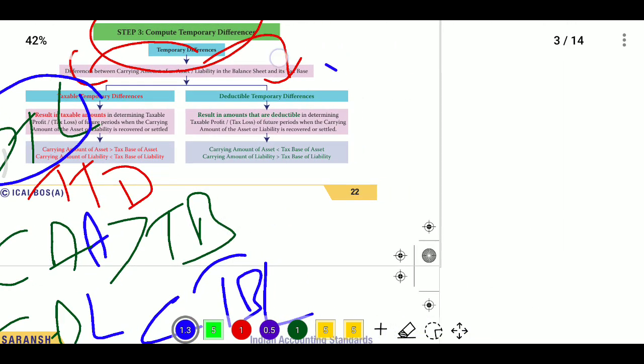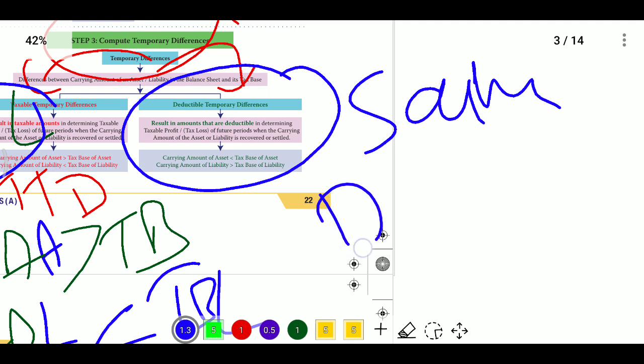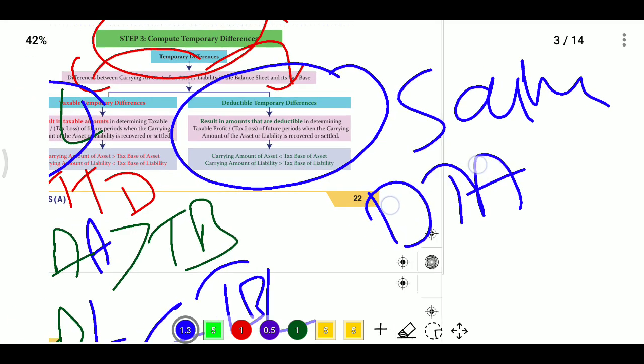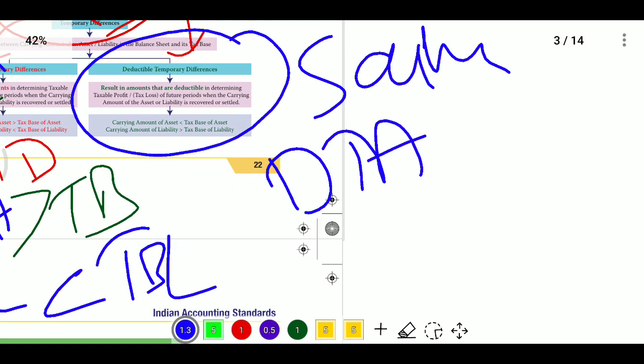Now the deductible temporary difference: if it leads to saving of tax in future, so we are saving some amount for the future, then DTA is created. What will we create here? DTA. If we need to pay, we create the DTL. If we are saving, we create the DTA.